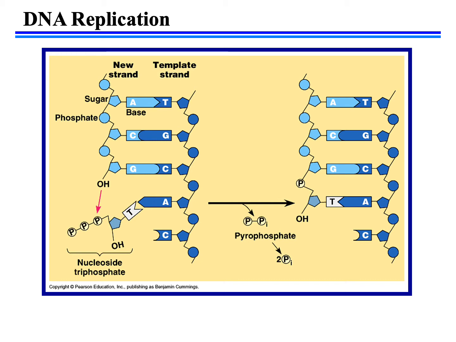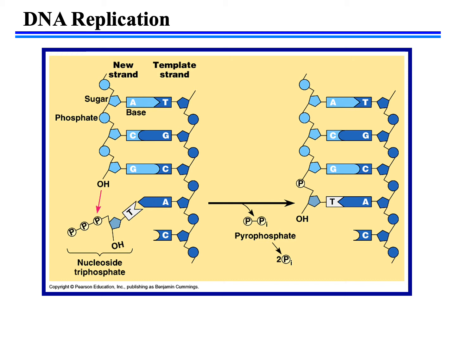It is this release of the pyrophosphate that provides the energy that drives the reaction of synthesis. Any type of synthesis required in the cell typically requires an input of energy, and in this case the energy comes from the release of the pyrophosphate from the nucleoside triphosphate. Again, that energy is what drives the reaction of synthesis.